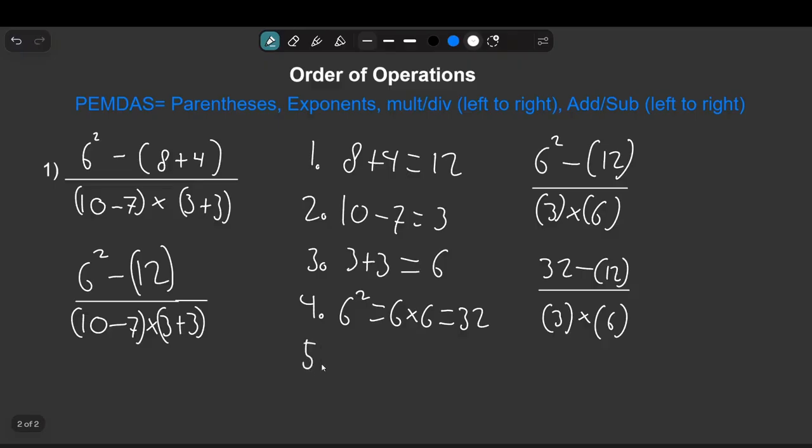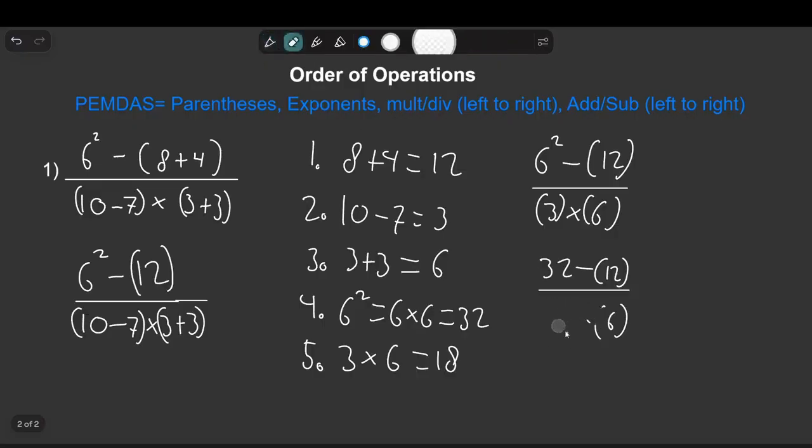Step 5 will be 3 times 6. This will give us 18. Now we can just erase this bottom part and we will have 18 right here. Now we are going to do the top of the fraction.